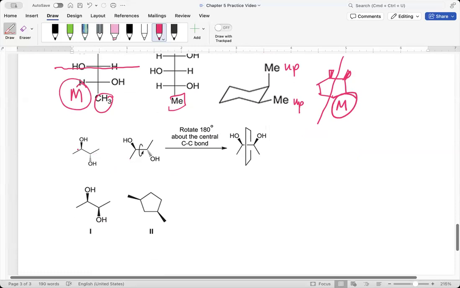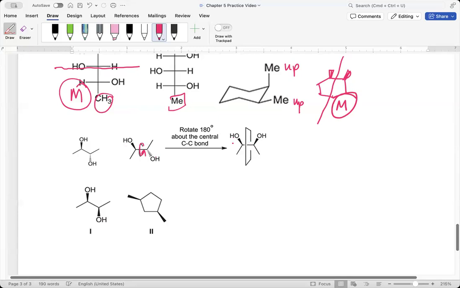On this next one, it's a little different. You need to use some mental gymnastics again. And in this case, you might think to yourself, these are trans to one another. This is not a meso compound, but it is. Because we draw in this zigzag fashion, we need to rotate the bond around. So if I rotate around this bond, that means the OH is going to flip up.